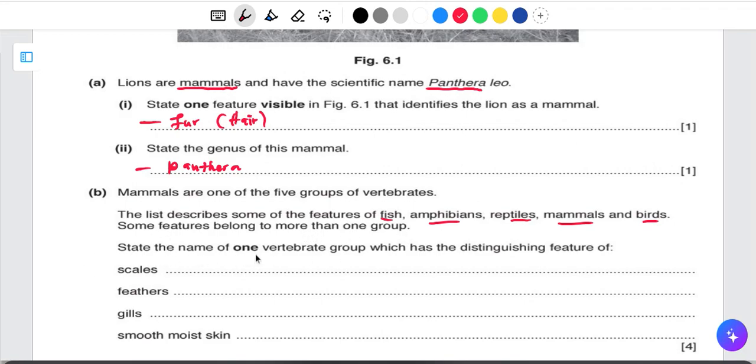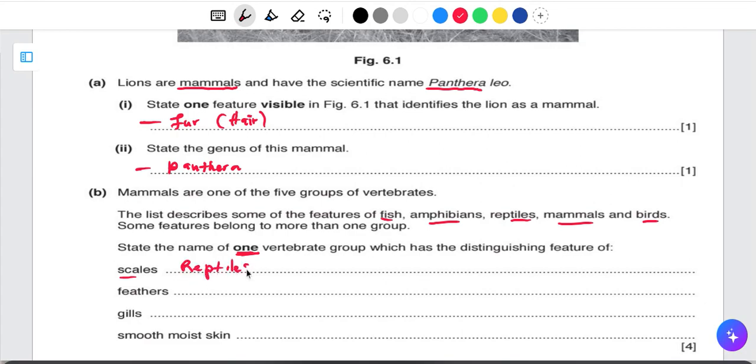So the question is saying state the name of one vertebrate group which has the distinguishing feature of scales. So the scales, you can find them in the fish. Apart from the fish, you can also find them in the reptiles. An example of a reptile is the crocodile. Those things that you can see outward, those are the scales. So from here, we can just choose anything, the fish or the reptile. So I will just go for the reptiles.